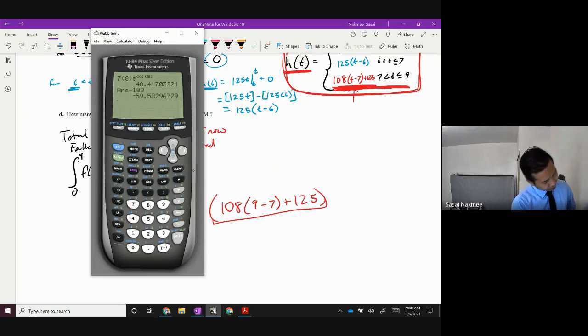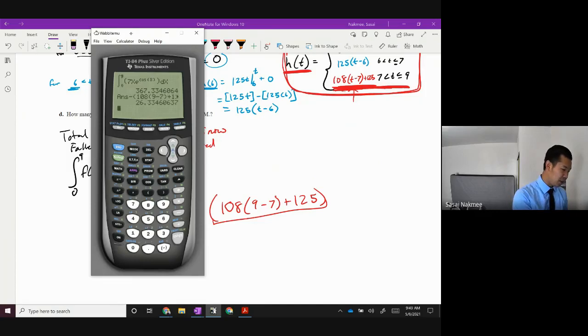Anyways, math, option 9, integral from 0 to 9. The function is 7t e to the cosine of t, all with respect to t. You hear me saying t and it comes out as x's. Remember, those are just dummy variables on the calculator that you can switch out with each other. This, of course, is going to be subtracted from 108 times 7 minus 9 plus 125.